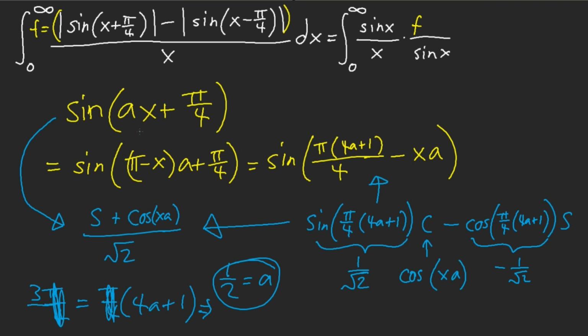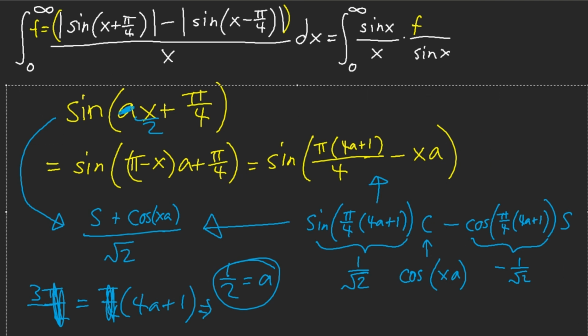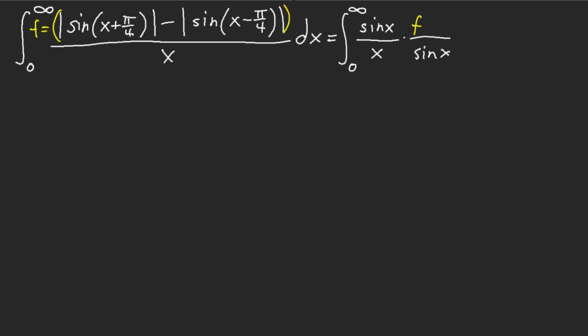So pretty much we want x over 2. But how do we do that? Simple. U substitution. So we are going to force x equal to u over 2. And now this function is periodic. Awesome.